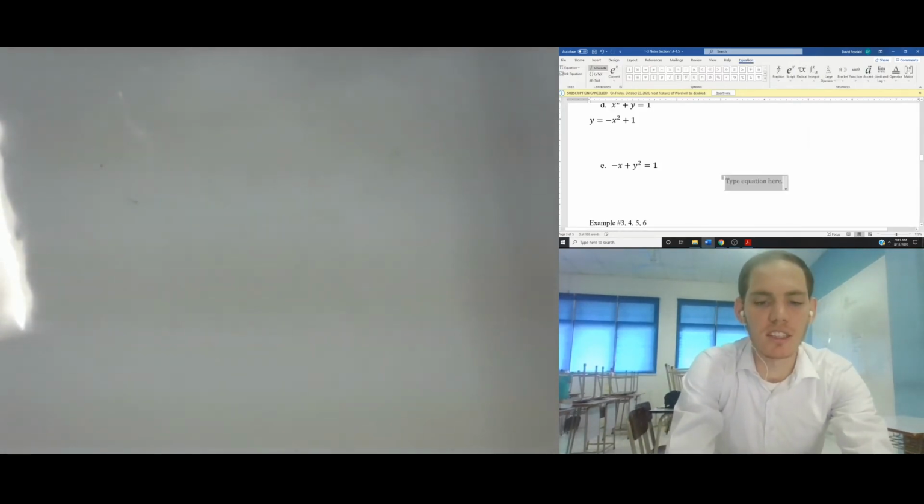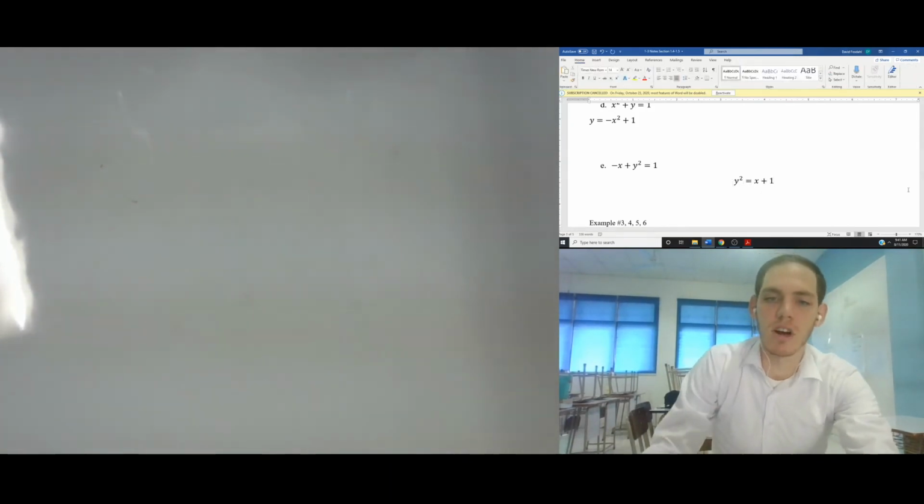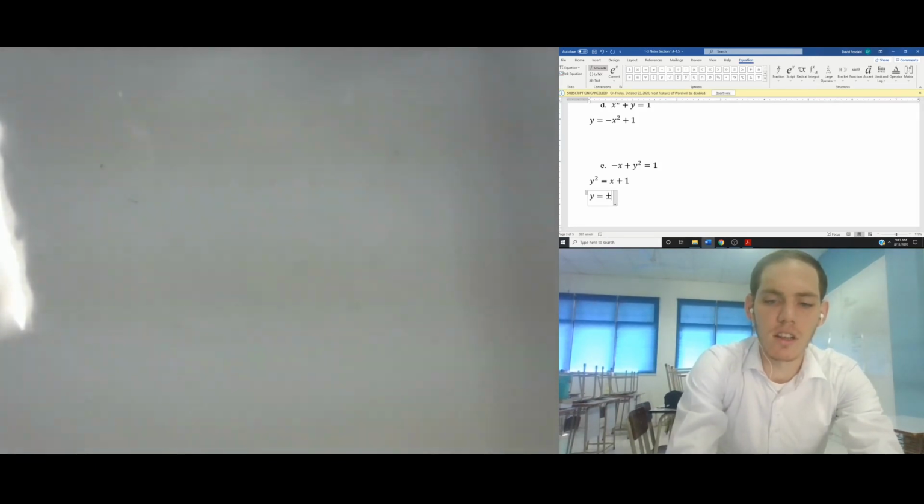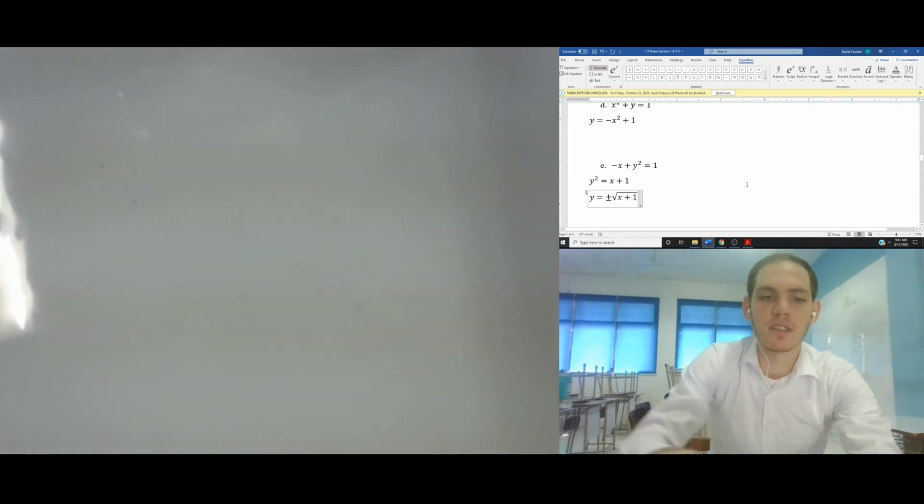Okay, what about this one? So if we rewrite this, we get y squared equals x plus 1. Now notice there's a problem. That is that our y is squared. So if we rewrite this to get y by itself, what do we get? Well, we get y equals plus or minus the square root of x plus 1. Now notice something.